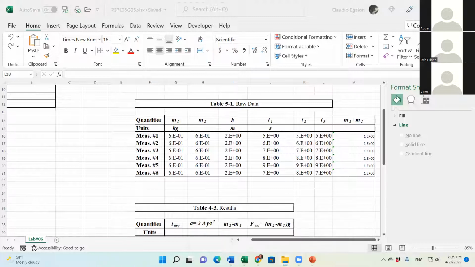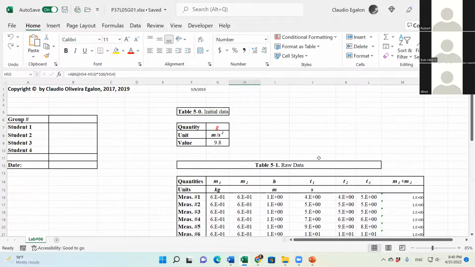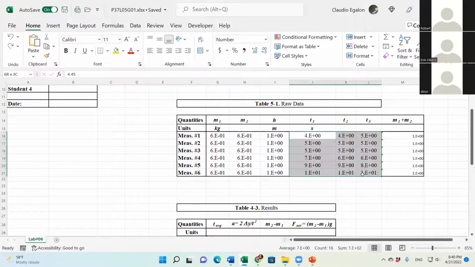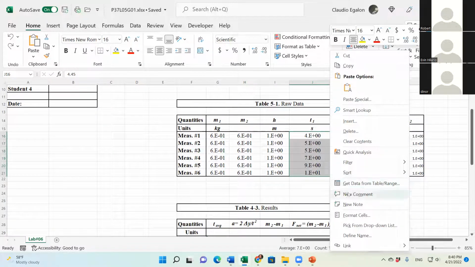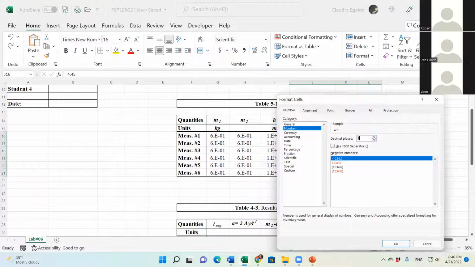Hang in there. Let me get your lab report for group 1, you said, right? Yes, sir. Let me get your data first. So what was the question? If we change the sig figs for T1, T2, and T3, it says 10 seconds, but I'm wondering, is it 3 sig figs or 4 sig figs for the 6th?